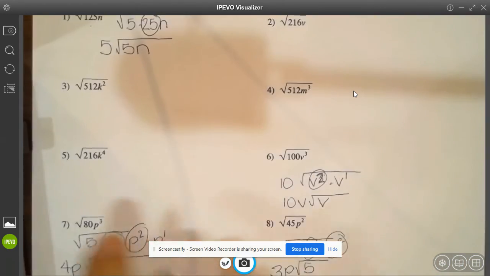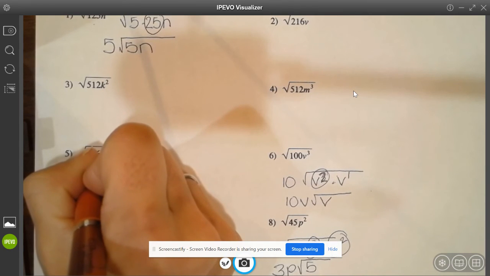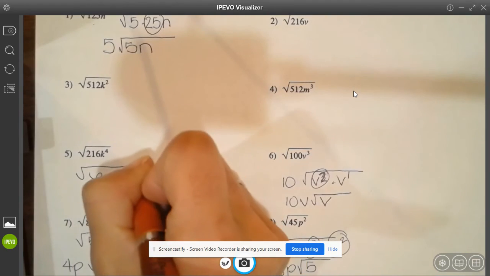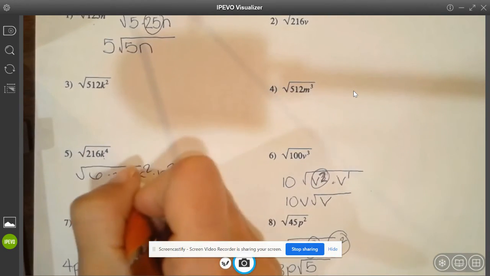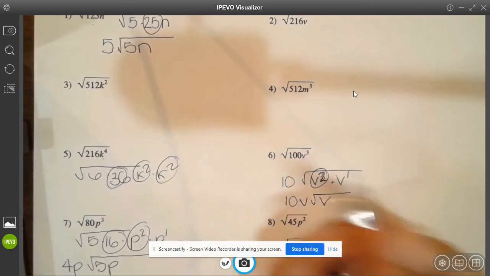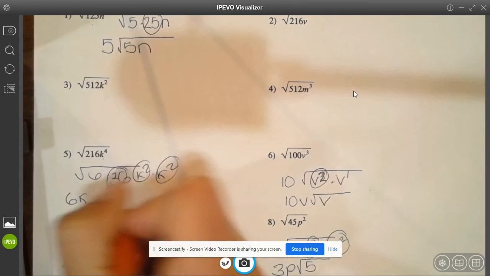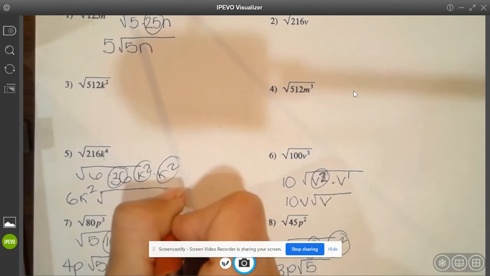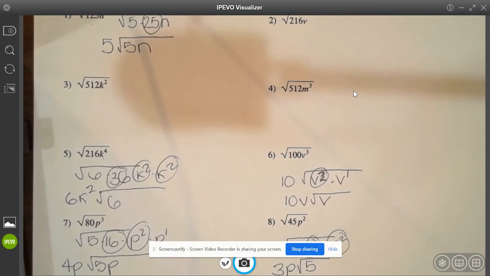So on this one is 6 times 36, and then k squared times k squared, because that's a total of 4. Then you take the square root of each here, so you get 6, and then k squared, right? Because there's 2 of them. You take 2, so that's 6. That's it. That's the answer right there.